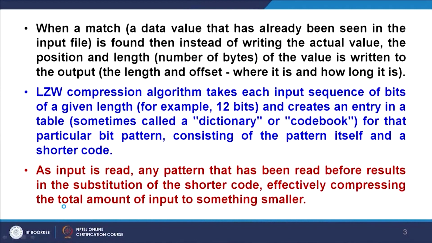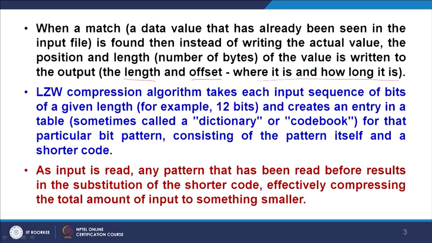When a match or data value that has already been seen in the input file is found, then instead of writing the actual value, the position and length are written as a coding, like in our run length code, where the value is written to the output along with the length and offset.